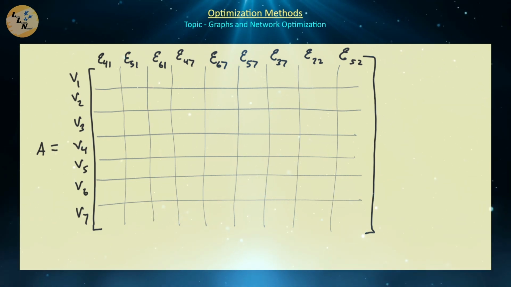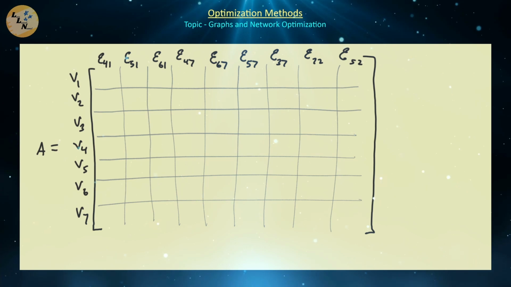So along the rows, we're going to have our vertices, and our columns are going to be associated to the number of edges, because the edges correspond to the cost across those particular paths or directions, which is also related to how many units we need to deliver across each of those paths, which is going to be our unknown variable x1, x2 down to, for example, x9, or x41, x51, x61, all the way down to x52 as we defined them before. So it's very important that you keep consistent with your indices for your vertices and the order for which you've defined your edges.